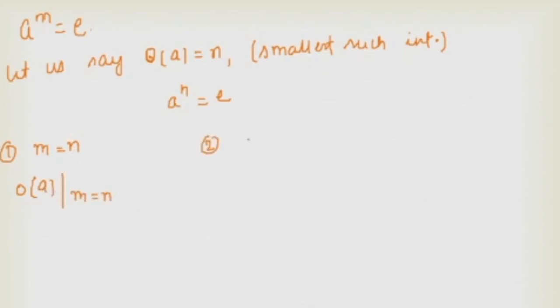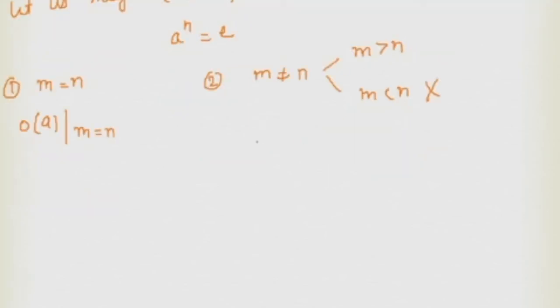The second case, if m is not equal to n, then I know by the properties of numbers either m will be greater than n or m will be less than n. But by the definition of order of an element, n is the smallest such integer, and hence m cannot be less than n. If m is greater than n, I can always apply the division algorithm on these numbers.